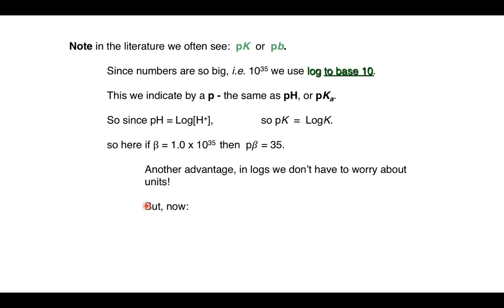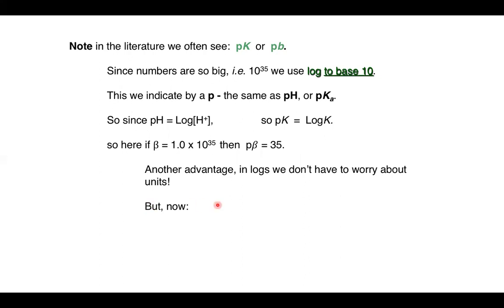So it's usually better to just use log to the base 10. And so we can indicate this using the P, which of course stands for log to the base 10. So we have pH, we have pKa. Since pH is equal to minus log of the H plus ion concentration, pK is equal to minus log K. And so indeed, if we have beta, then we can also get P beta.